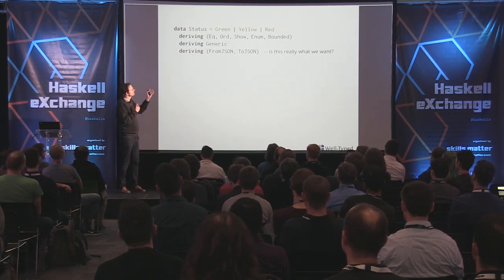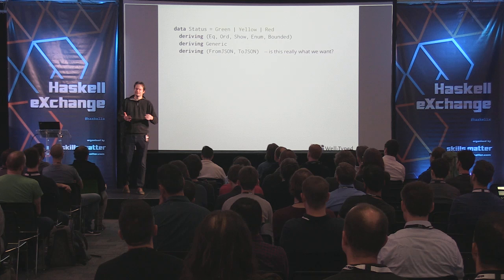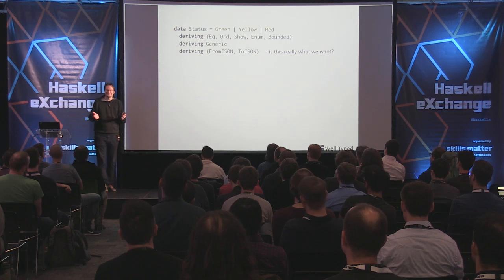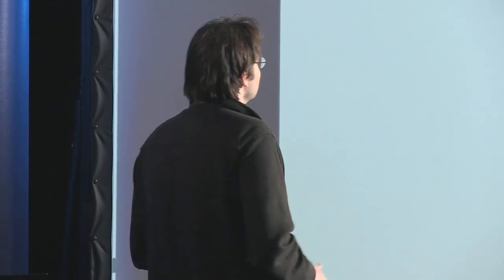But even with Show, I'm often annoyed by the fact that if I have a record data type, then the Show instance includes all the record field names. That's understandable, but often it just clutters up very simple values. So even there, sometimes you might want something slightly different, but we'll get back to this question at the end of the talk.